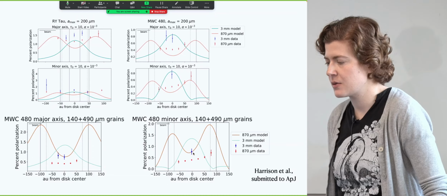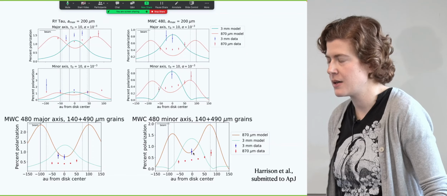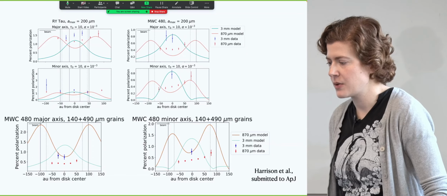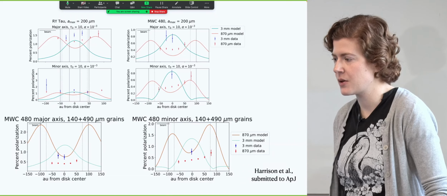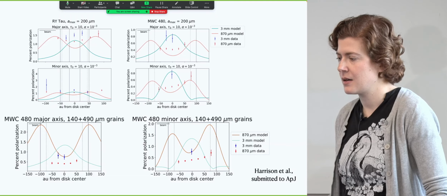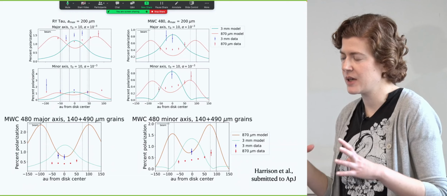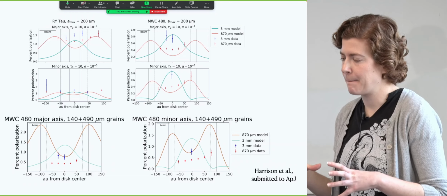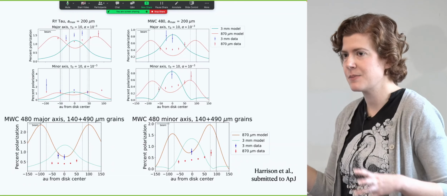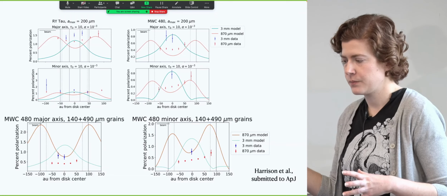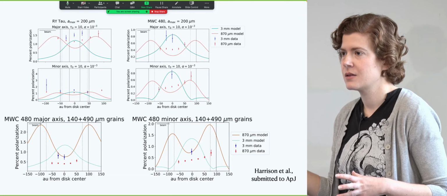Right. So this is for MWC 480, where we don't have the best signal to noise, and also the polarized region is not much bigger than the beam size. So it's just smoothed by the beam.